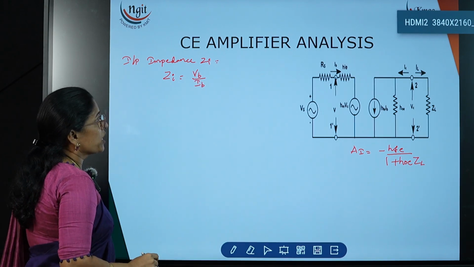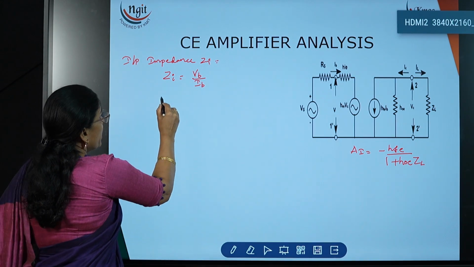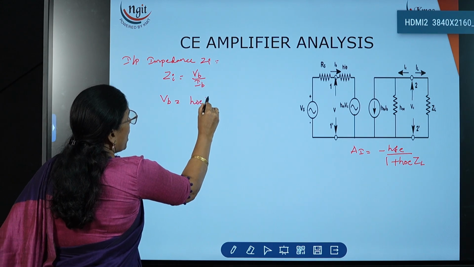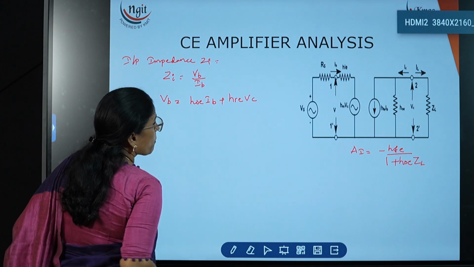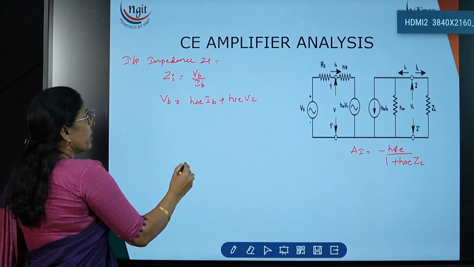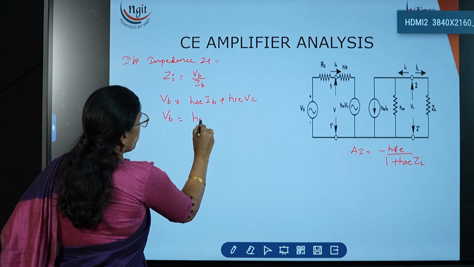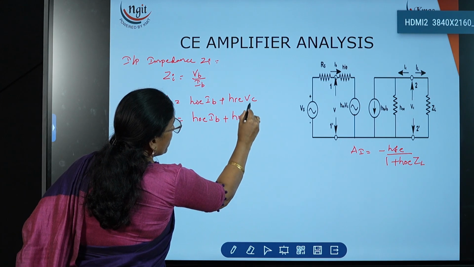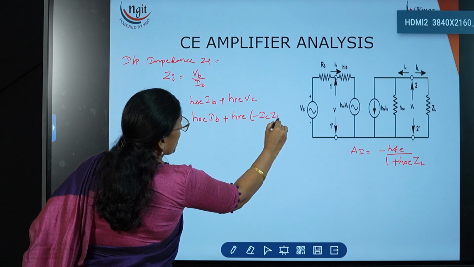Now if I write the expression for the input, applying KVL at the input, we get VB is equal to HIE IB plus HRE VC. Where VC is equal to minus IC into ZL.